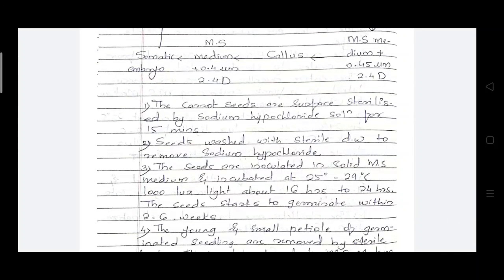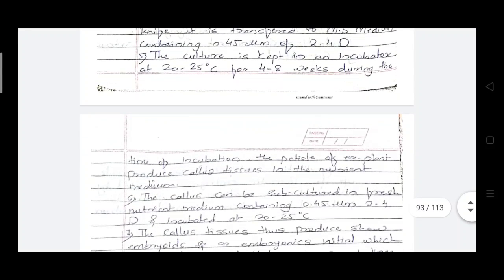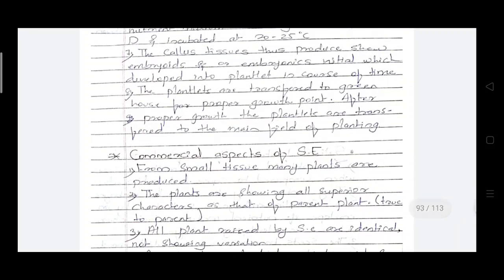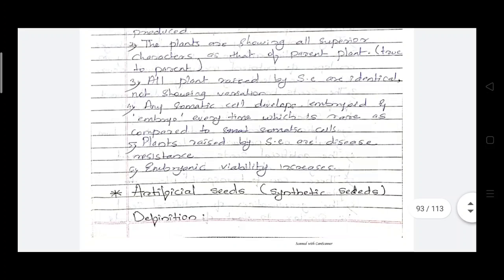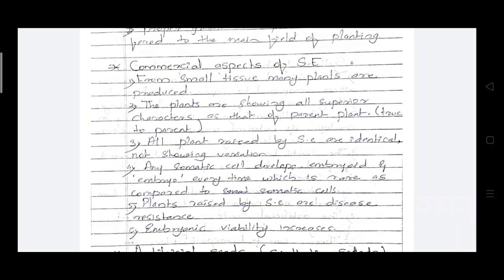Next, we have talked about the commercial aspects of somatic embryogenesis. From a small tissue many plants are produced. The plants show all the superior characters of the parent plants, which are transferred from the parents.